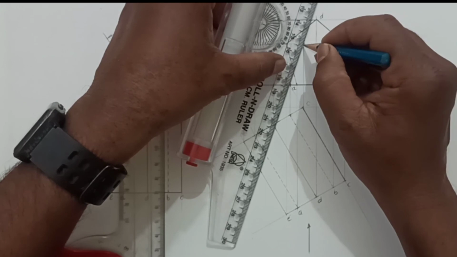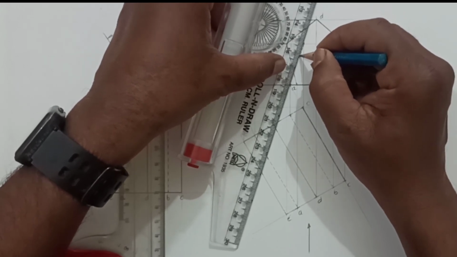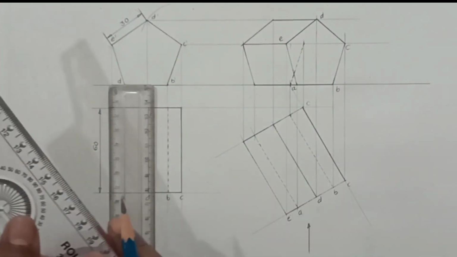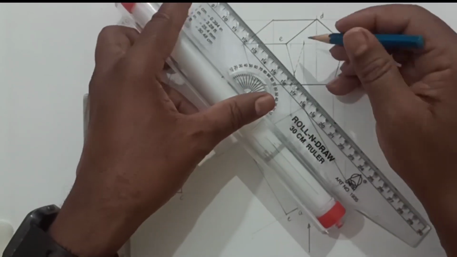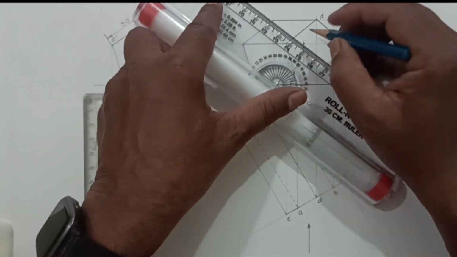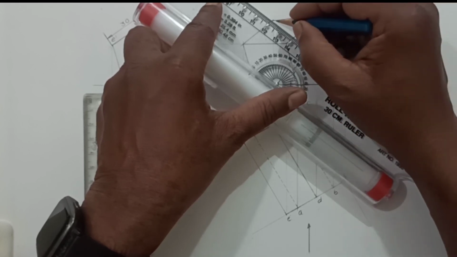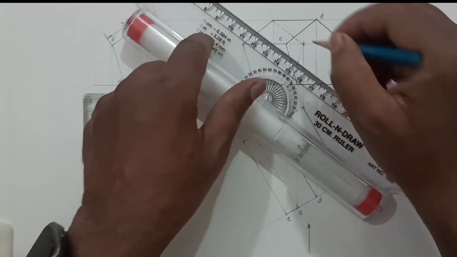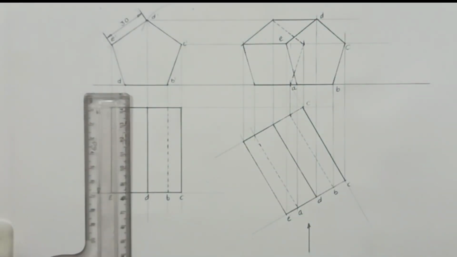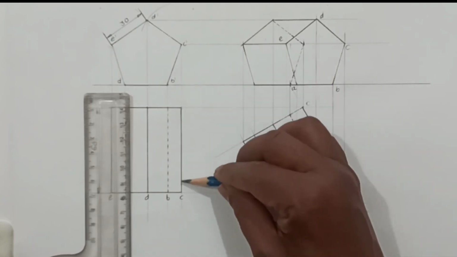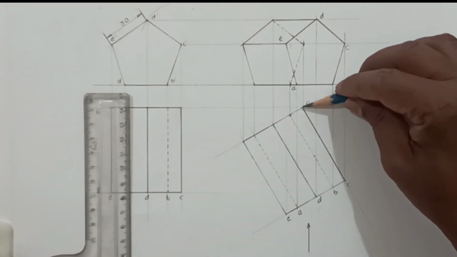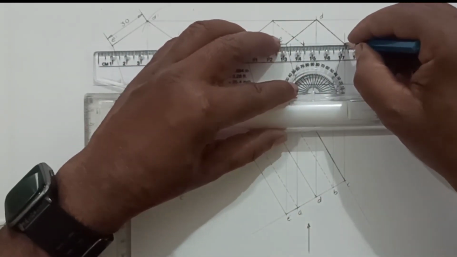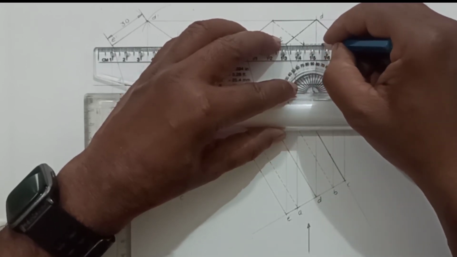This dotted line will indicate that the rear side of the pentagonal base, CB, is not visible. Now CD is also not visible, and on this rectangular face, this edge C is also not visible. So join it by dotted line. It is shown here in this way.